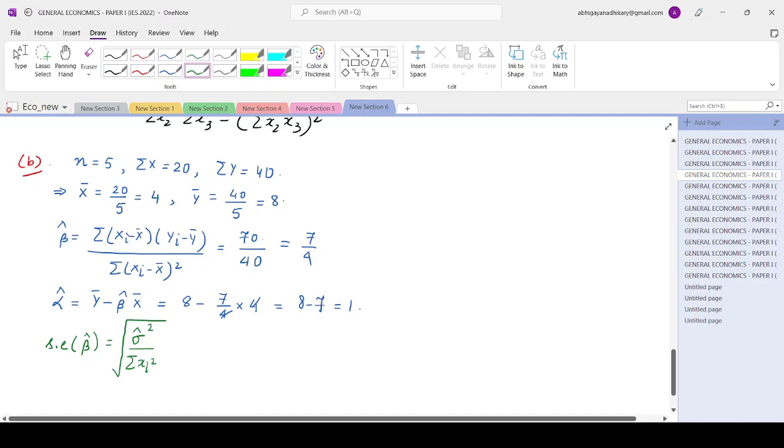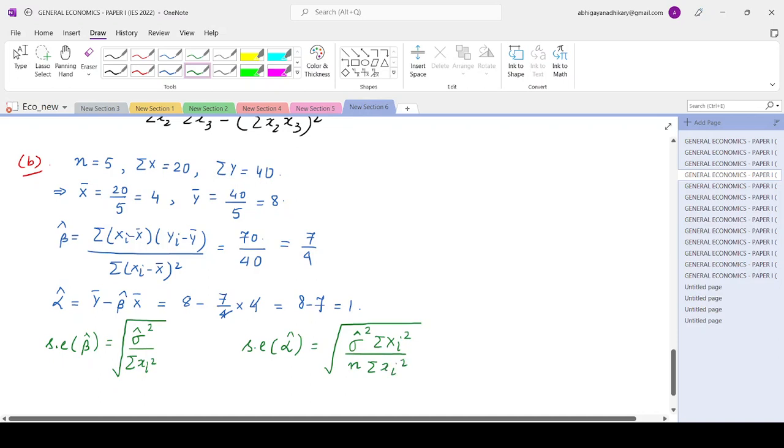And similarly, what is the standard error of alpha hat? It was the square root of sigma hat square summation capital Xi square divided by n times summation small xi square.